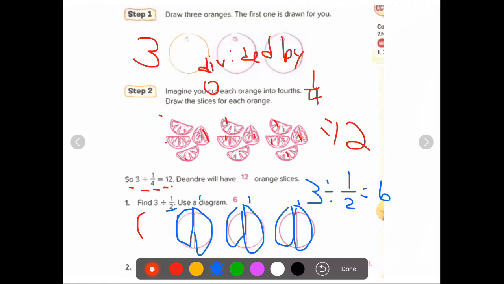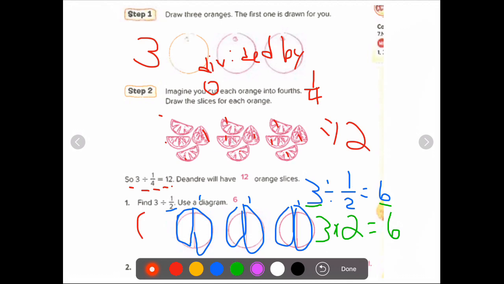Let's look at this. What do we know about 3 and 6? What else can I say? 3 times 2 is equal to 6.